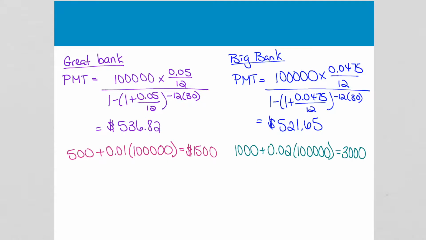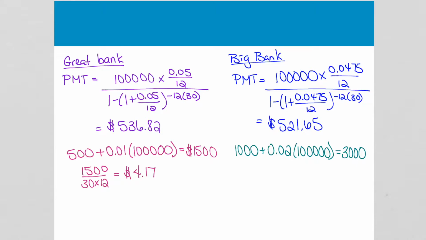To put this in perspective, of course, you're not going to be paying the closing cost over the loan, you'll be paying it up front. But to compare the two, we're going to change it to as if we were paying it month by month, so we can compare apples to apples. So I need to take $1,500 and divide by the number of payments. That's 30 years, 12 months, 12 times 30.